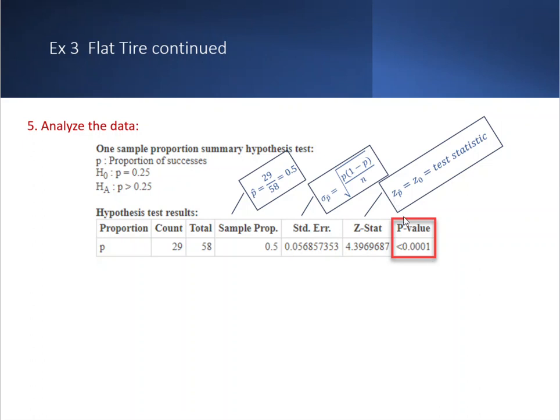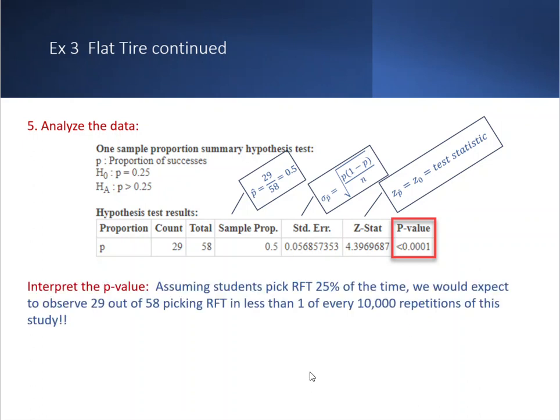Now let's turn back to why we ran the test. We ran the test to determine the probability, or the p-value, I should say. Remember, the p-value is really just the probability of getting our sample or more. So to interpret it, I can refer back to what we started.